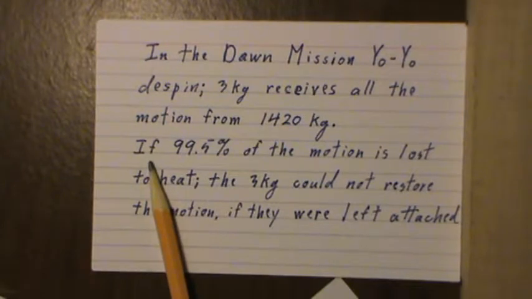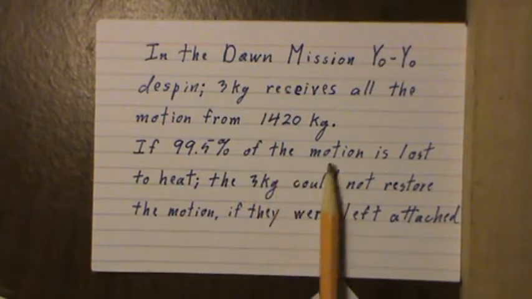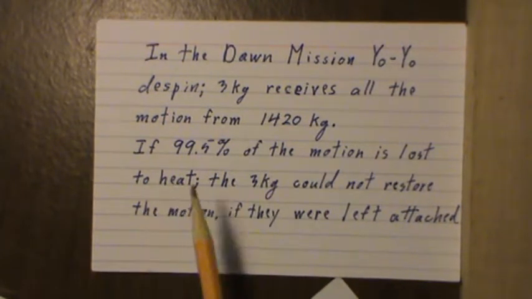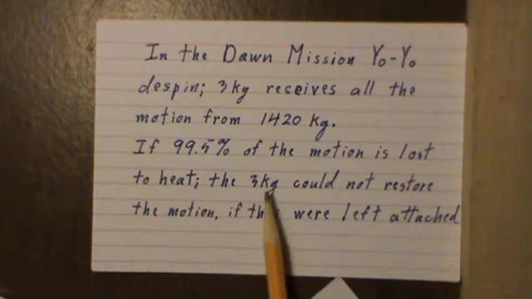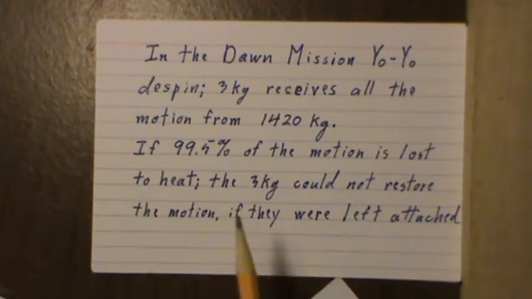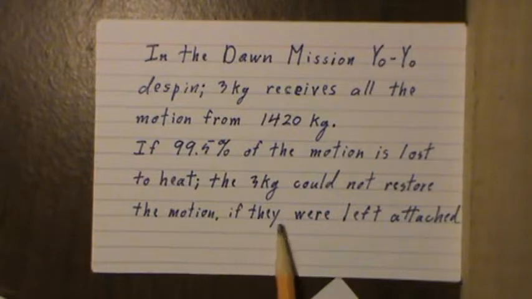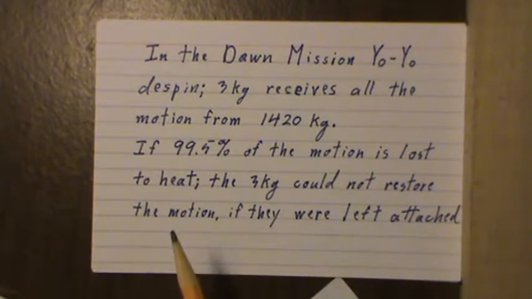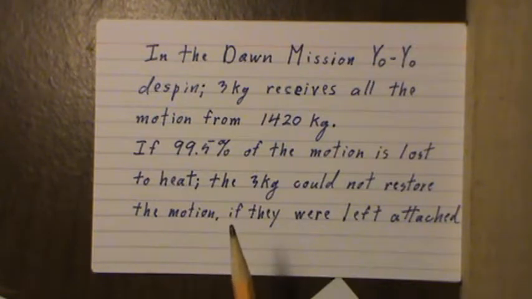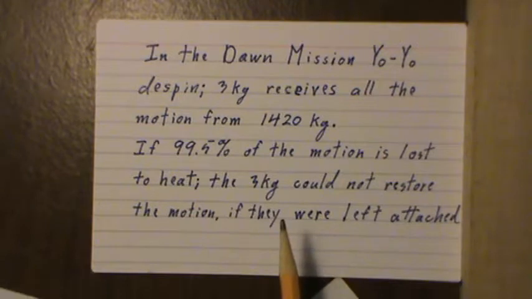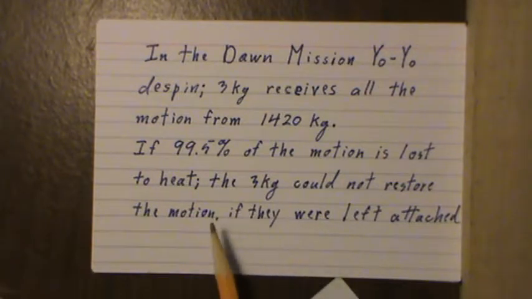Now, if 99.5% of the motion is lost to heat, the 3 kilograms could not restore the motion if they were left attached. Now, after the 3 kilogram objects spin out on the end of the cables, they are released.